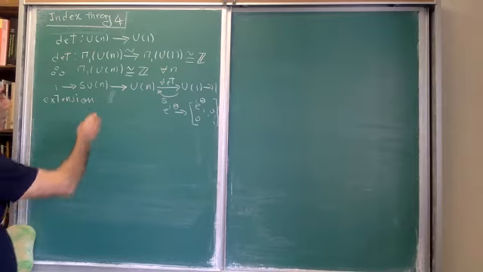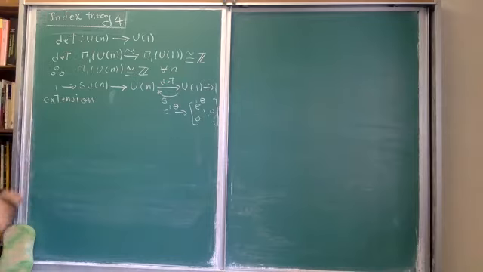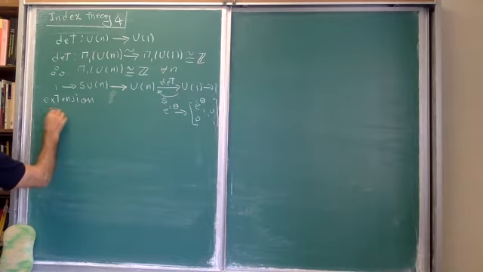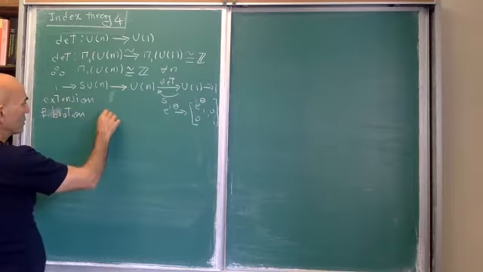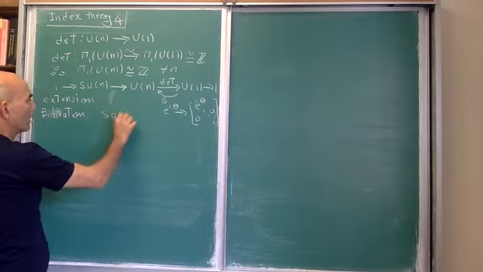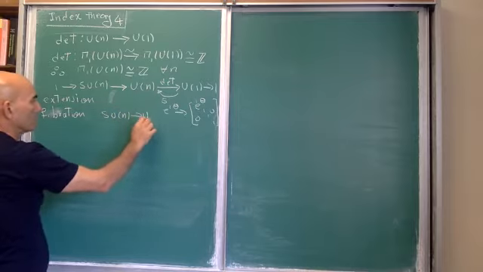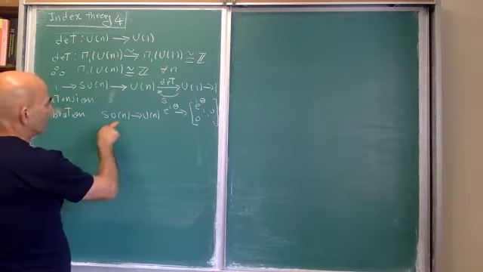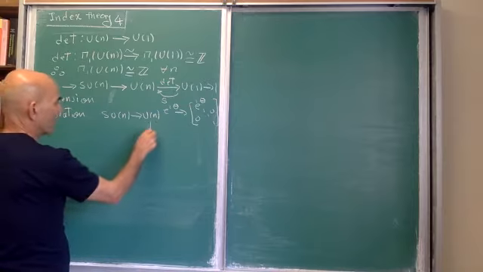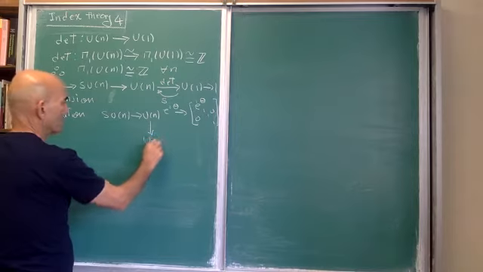Anyhow, so this induces a fibration. The fiber is SUn, it goes to Un, and then the map goes to U1.